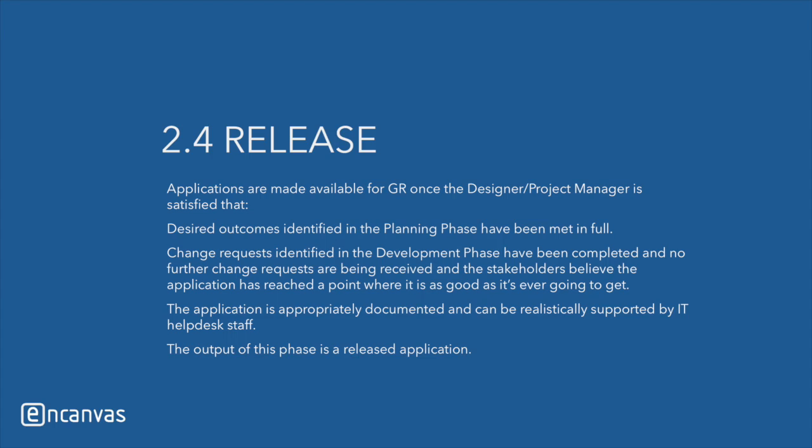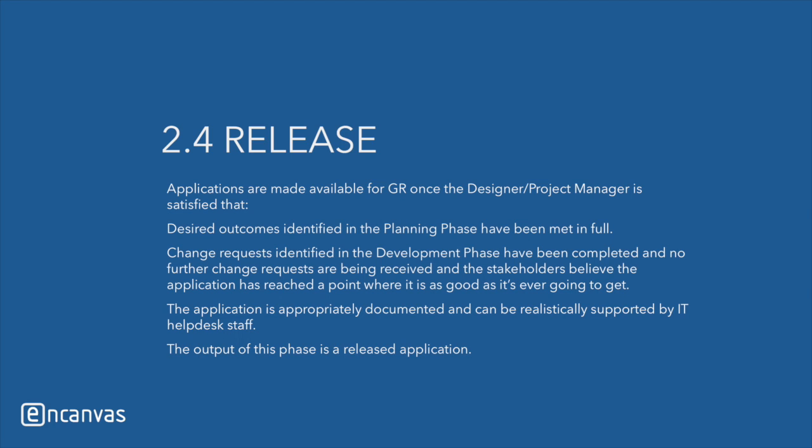Once business analysts have completed the work on the design and iteration of the application, then it's for the IT analysts and administrators to make the application ready for general release. The desired outcomes identified in the planning phase have to be met in full. Change requests identified in the development phase have to be completed and no further change requests be received.